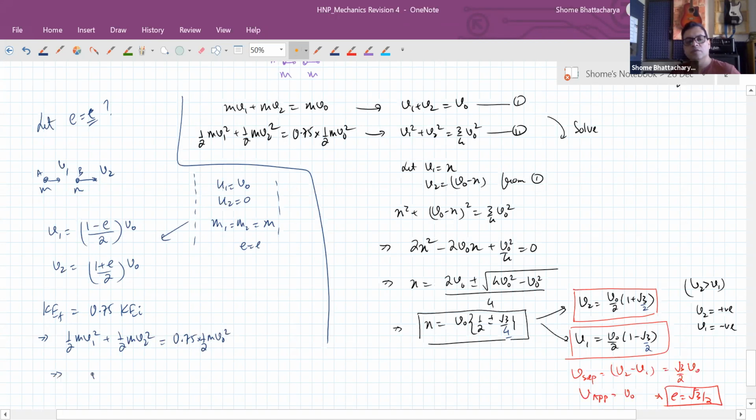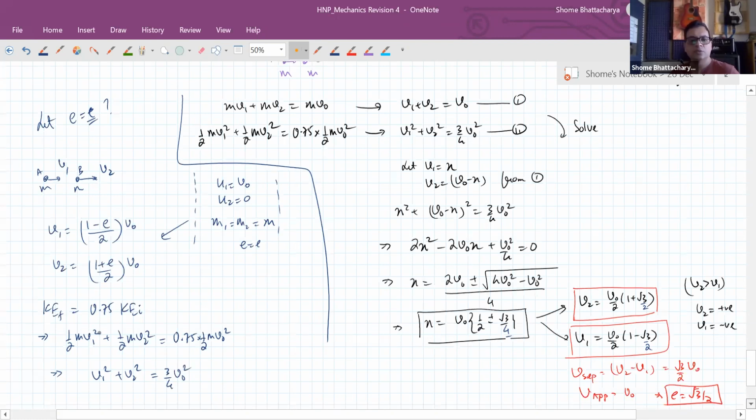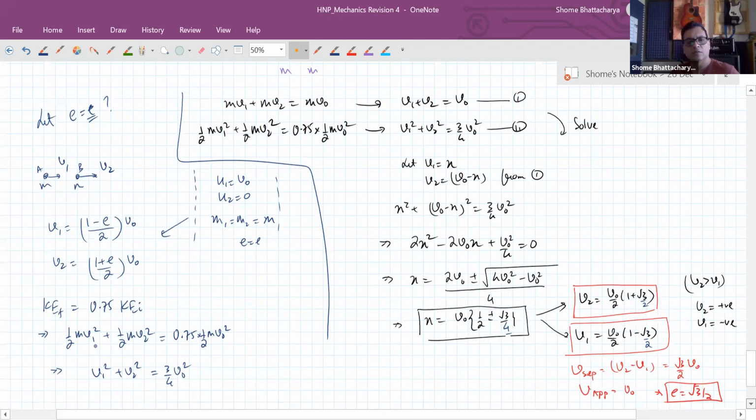Okay, so we have V1 square plus V2 square is equal to 3 by 4 times V naught square. And then we substitute these values in terms of E. That will give us E first of all, and then we substitute that E back here. So that's another approach we can take. This is an easy approach.